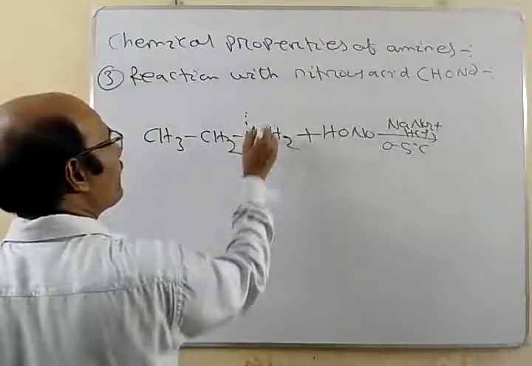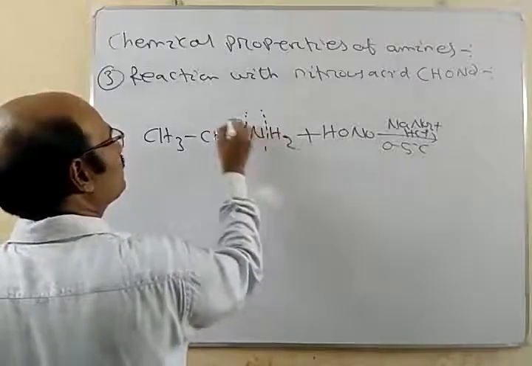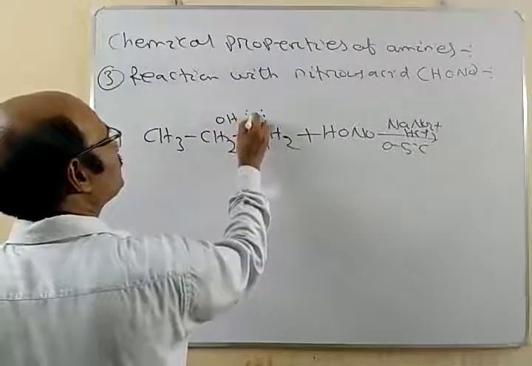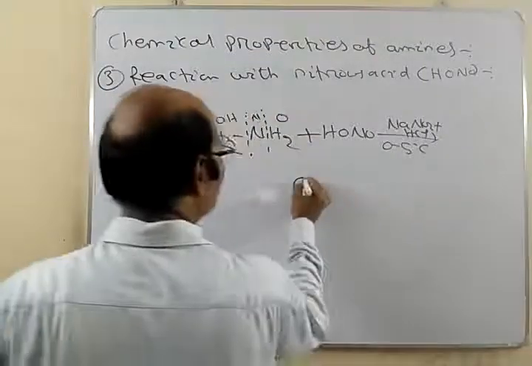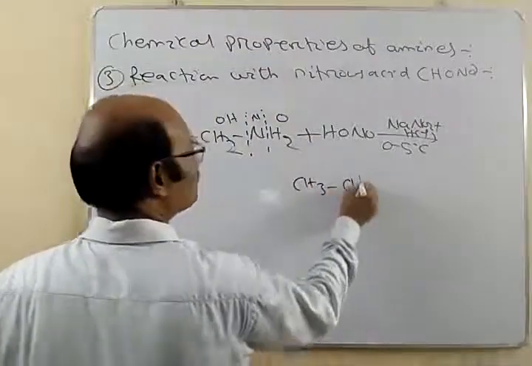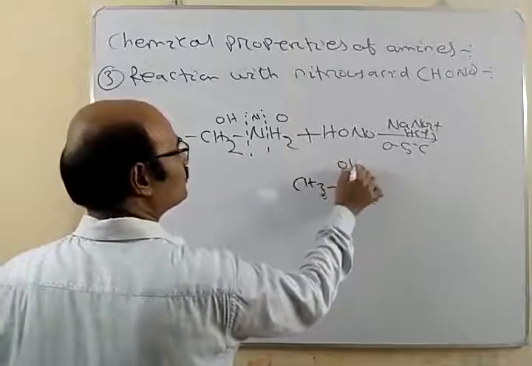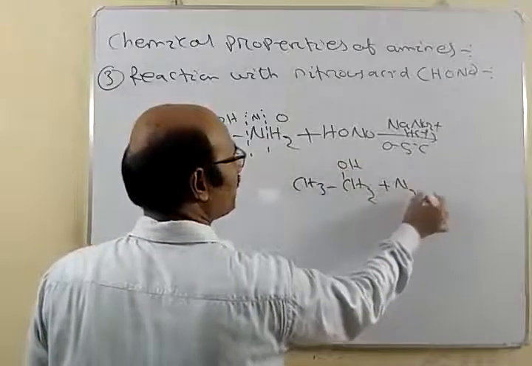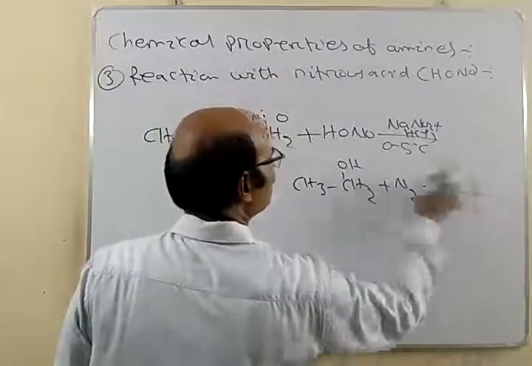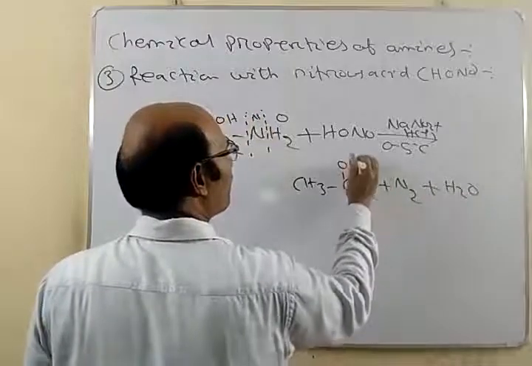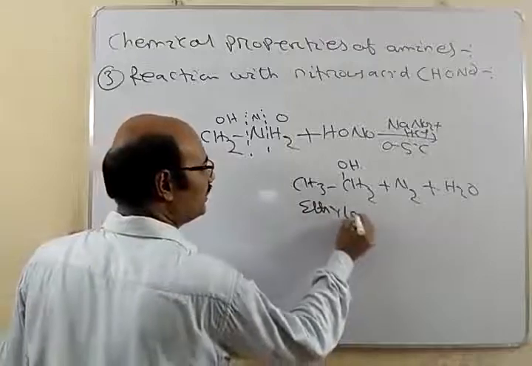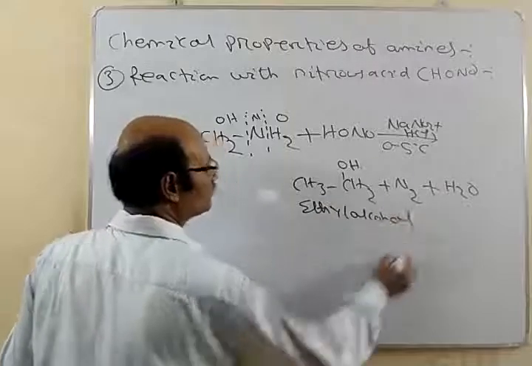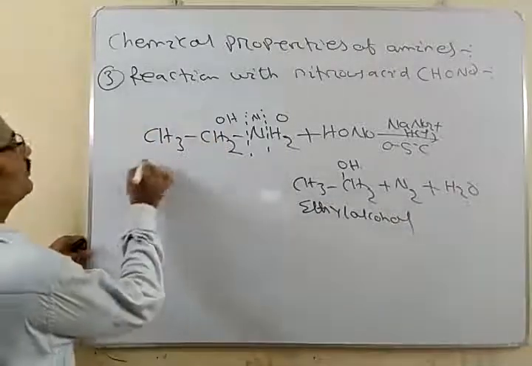HONO, OH... we get CH3CH2OH plus N2 plus H2O. Okay, so ethyl alcohol. This is what your ethylamine gives.